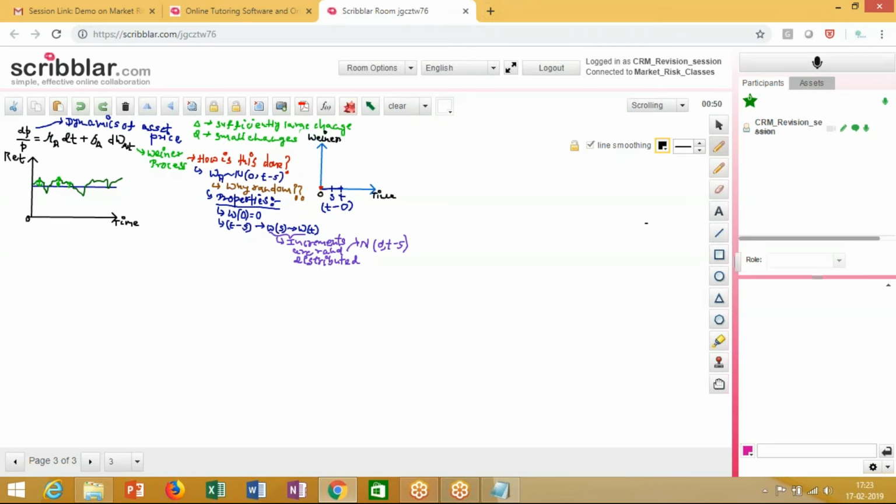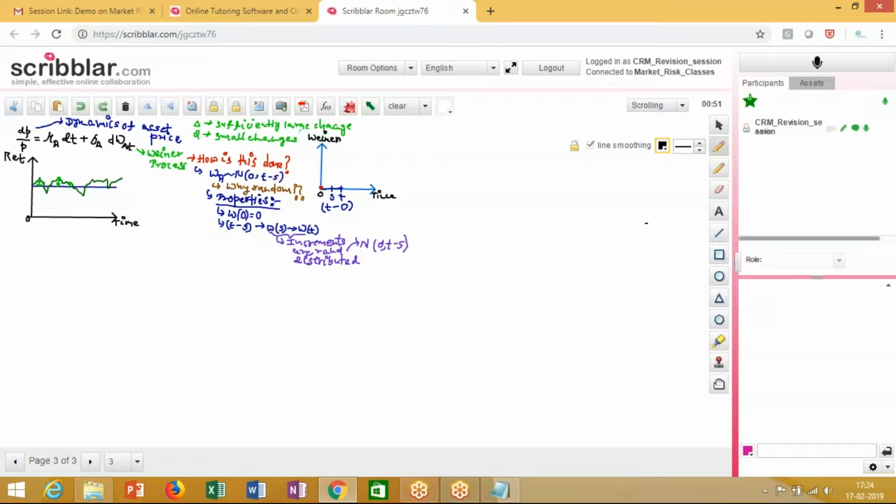So if you look into the first two properties, you would be able to identify the element of randomness in this variable. The way I have defined the variable, W is a variable with certain properties. It says that if you have a time interval t minus s, the value that the variable takes at t and the value that this variable took at s, these two increments are absolutely independent of each other.